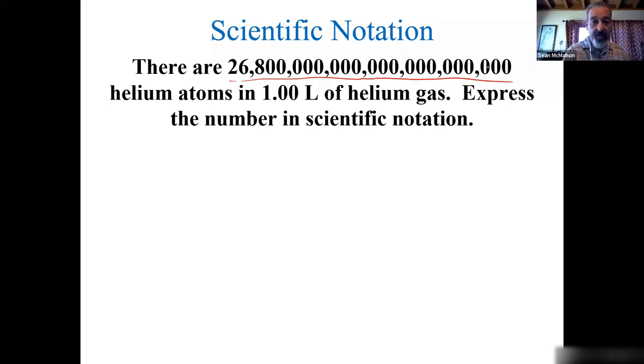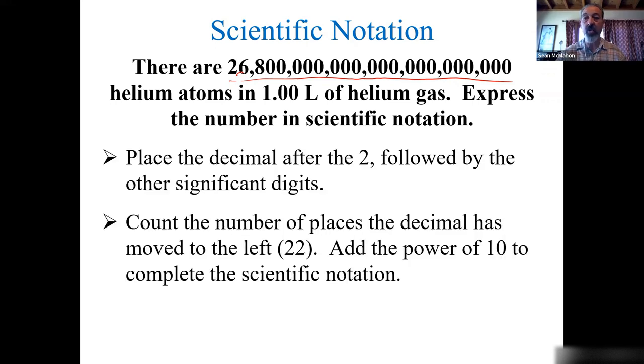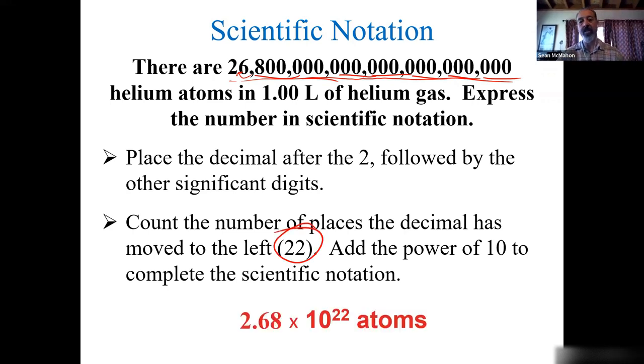So we just have 3, and we're going to put the decimal right there. So after the first non-zero digit, there's 22 moves of the decimal to the left, and you get 3, 6, 9, 12, 15, 18. That's 21, and then one more, 22, 2.68.